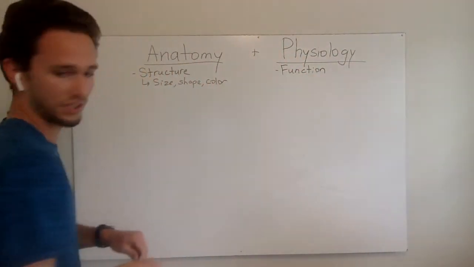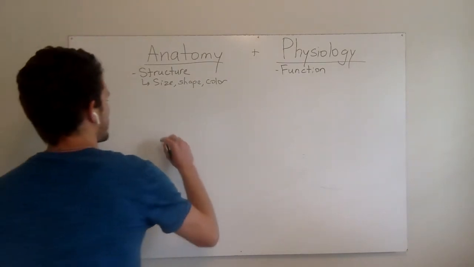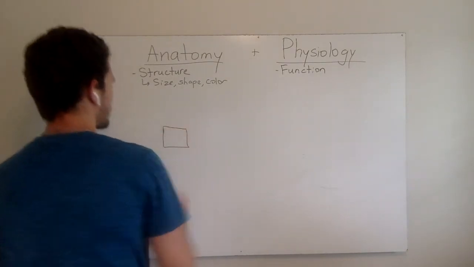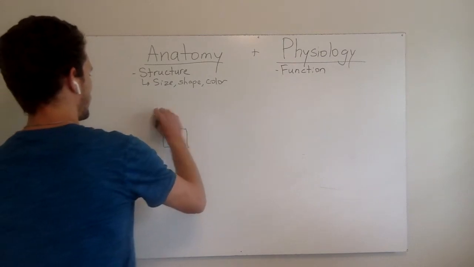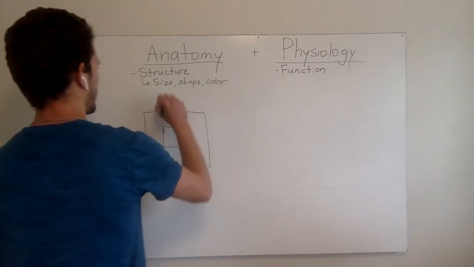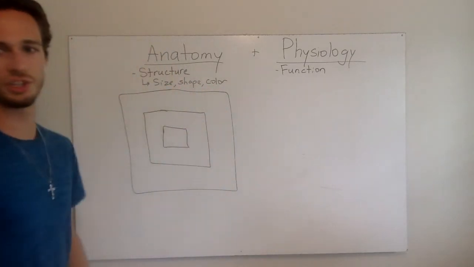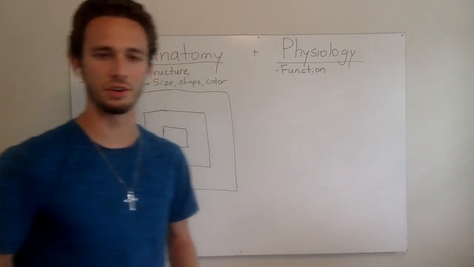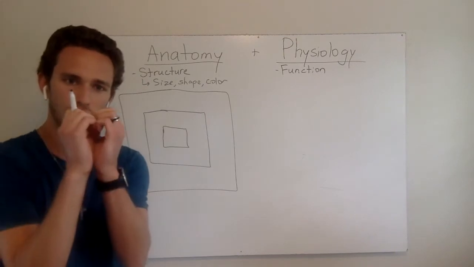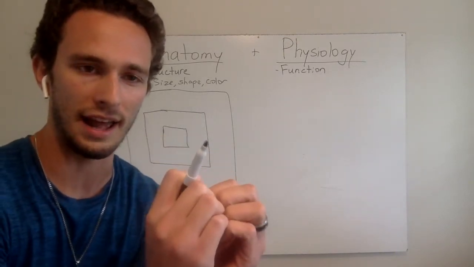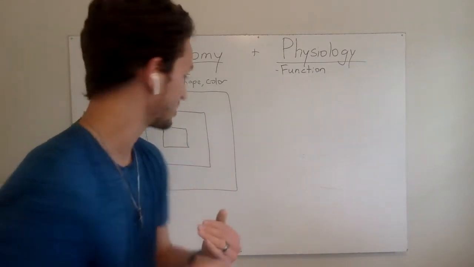So the way I like to show this is if you drew a few boxes. Say I've got a small box, followed by a little larger box, and then finally an even bigger box. Think of this as kind of like the Russian doll set that you used to play with when you were kids.